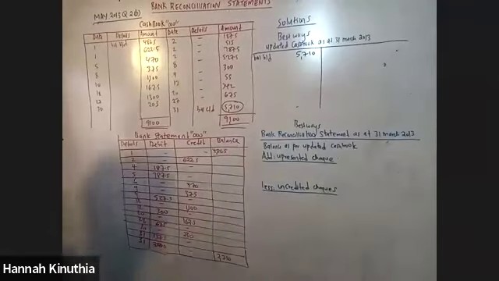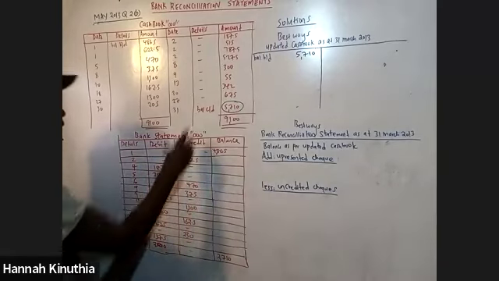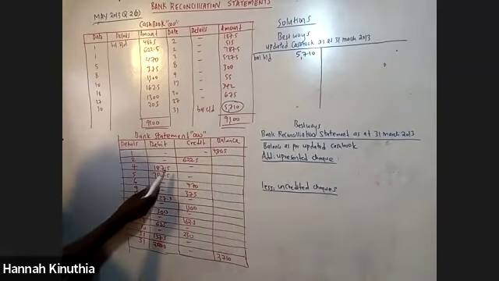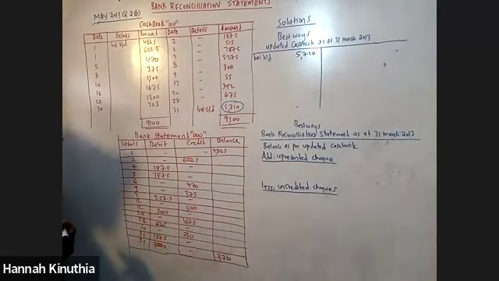So let's start. We look at 187. Is 187 on the other side? You compare 187 on this side with the other side. Do you have 187 on both sides? Yes.